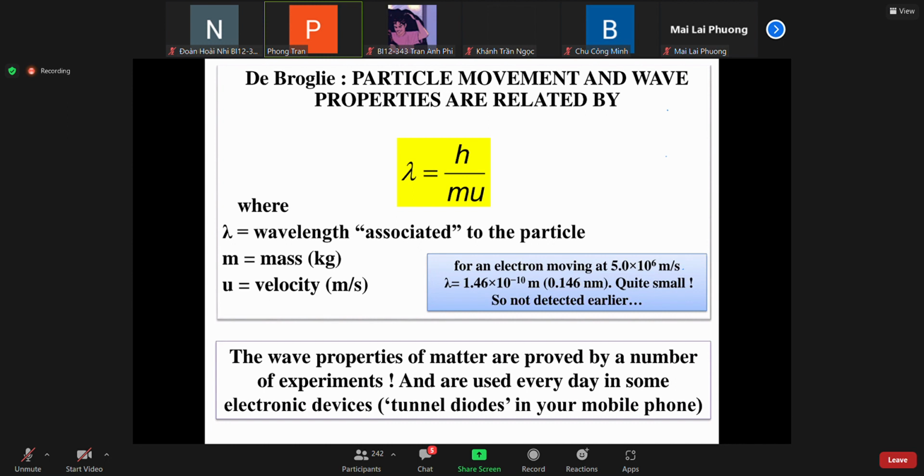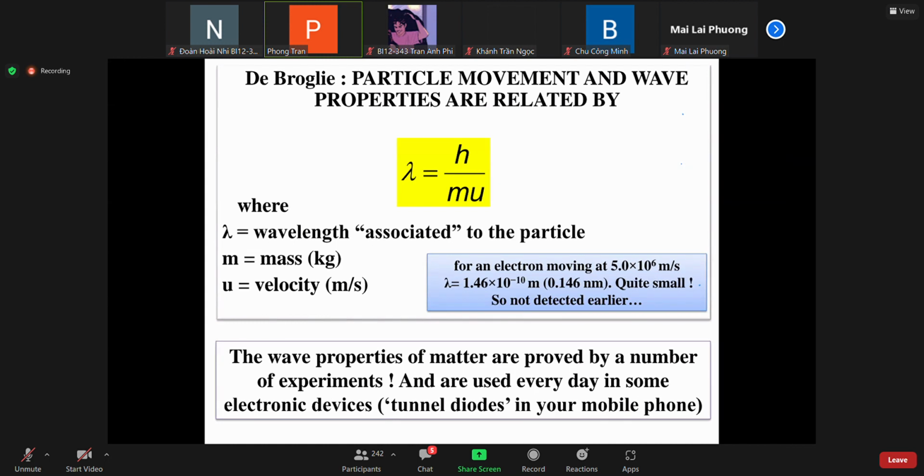So he proposed an equation, lambda equal to h over m u, where lambda is the wavelength associated with the particle when the particle has mass m and moves with velocity u.